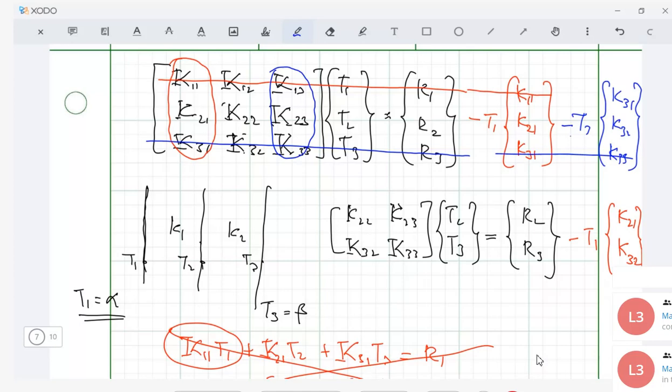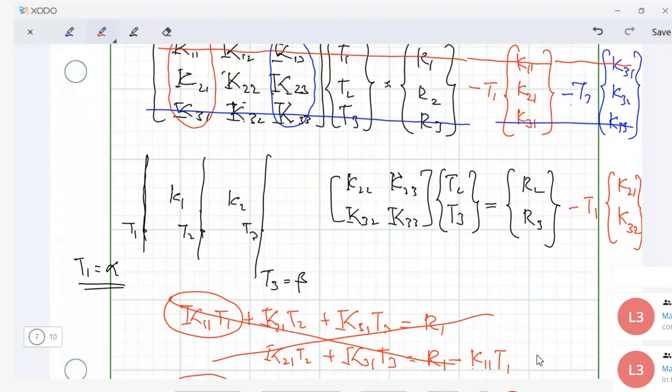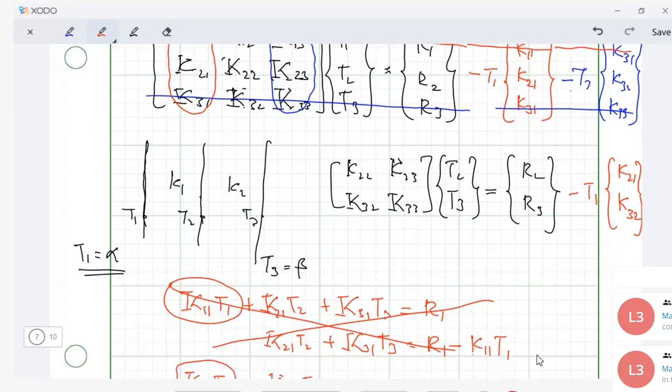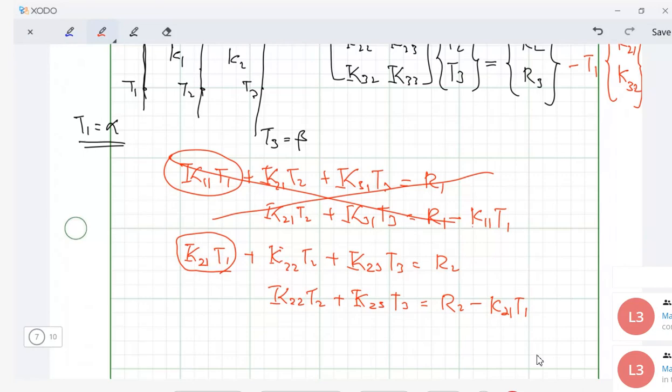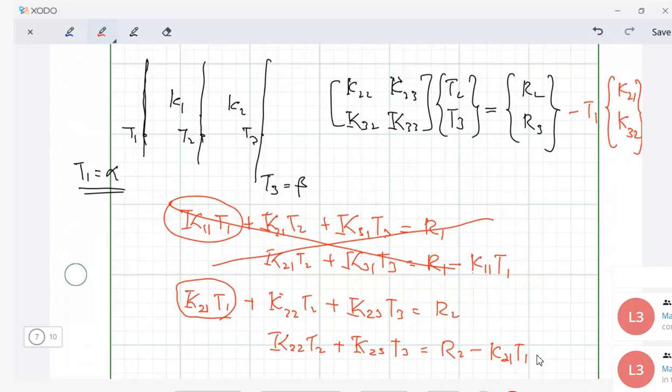For the first equation, this is not used. So finally, because there are three unknowns and two boundary conditions, we are left with only one unknown, which in this case is only T2. So we can simply find T2.